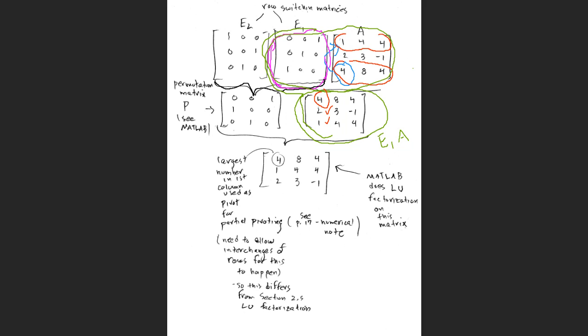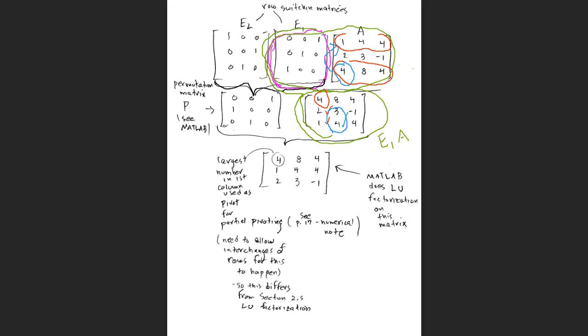Now what we want to do next is interchange. Well, we look at the second column here, the 3 and the 4, and the 4 is the number we want to use as the pivot because it's larger than 3.